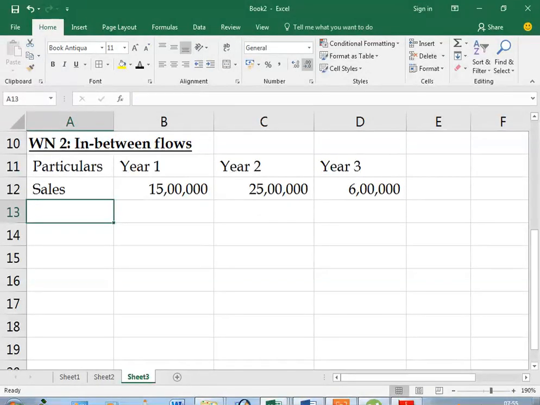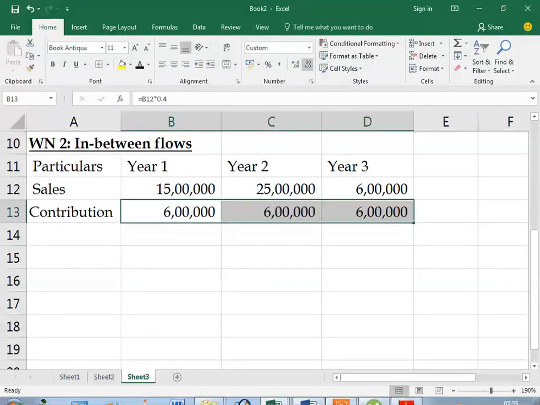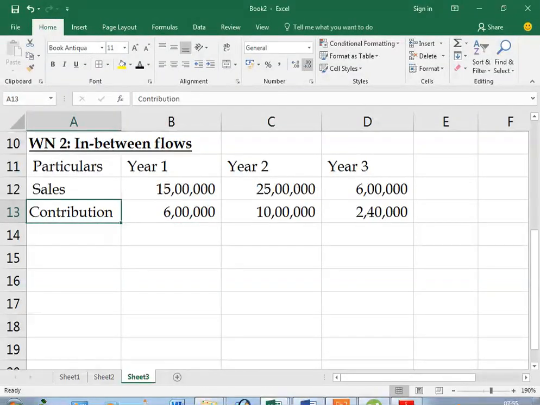What is the variable cost percent? Take it directly as contribution. Contribution 40%.